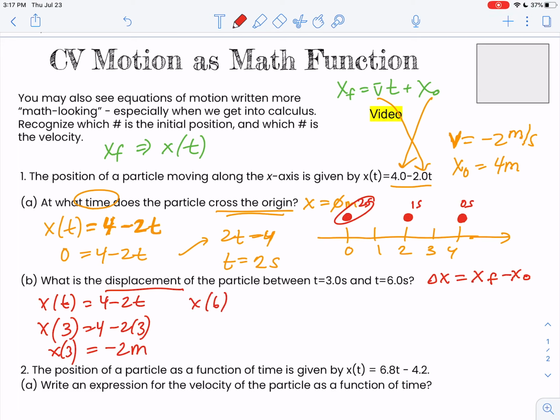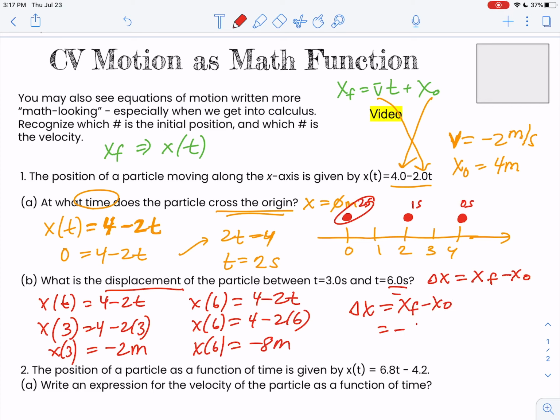And at 6 seconds, x of 6 equals 4 minus 2 times 6, which is 4 minus 12, negative 8 meters. So 6 is my final time. My displacement is x final minus x initial, which is negative 8 minus negative 2. So that's a displacement of negative 6 meters.